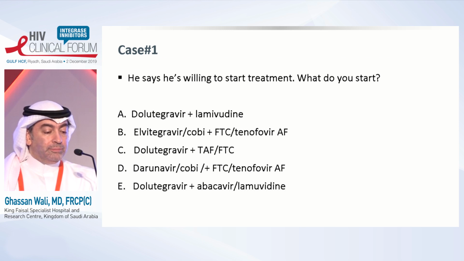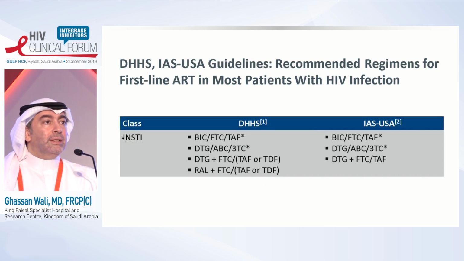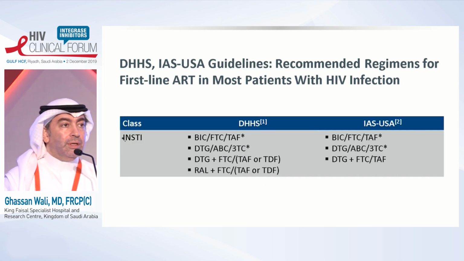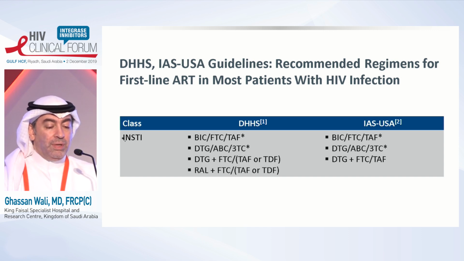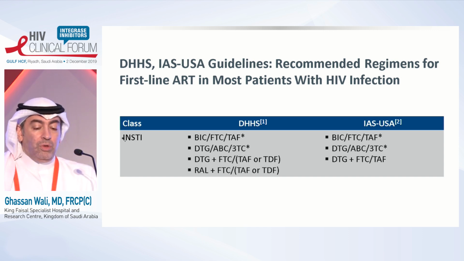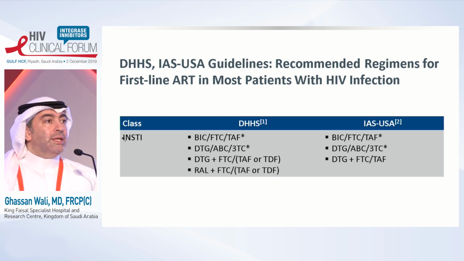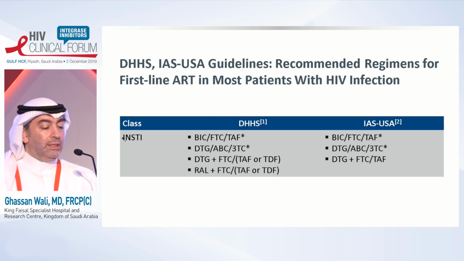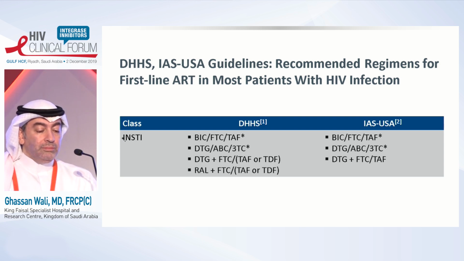So going through the international guidelines for starting treatment in naive patients, both the DHHS and International AIDS Society have come a long way in recommending only integrase-based regimen as first line. There are a few differences between both guidelines when discussing the chosen regimen.